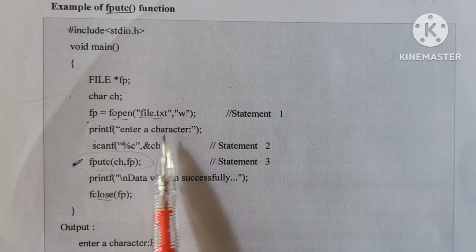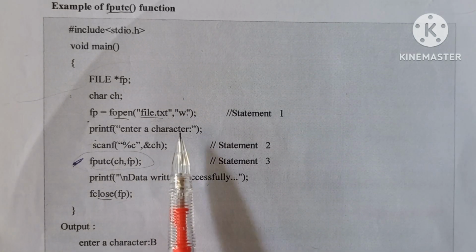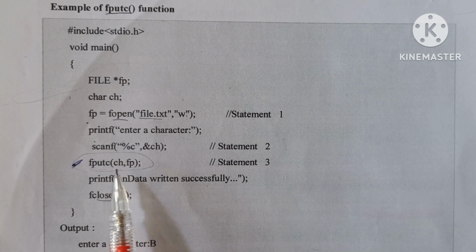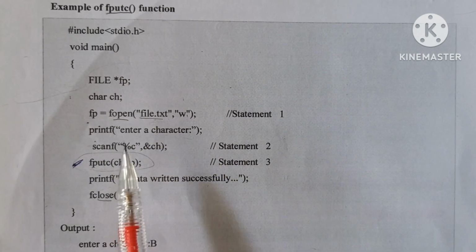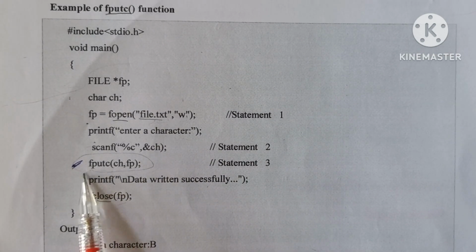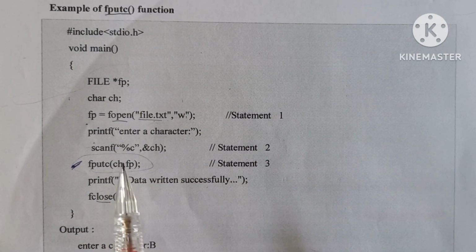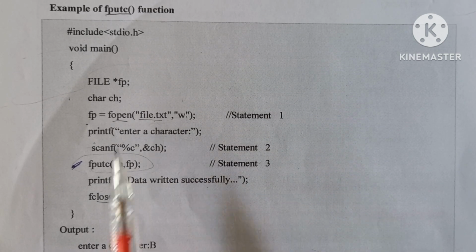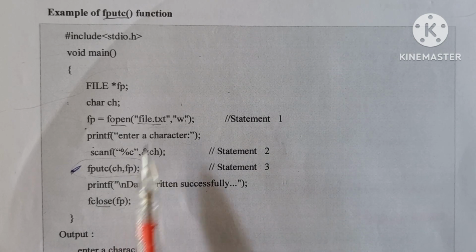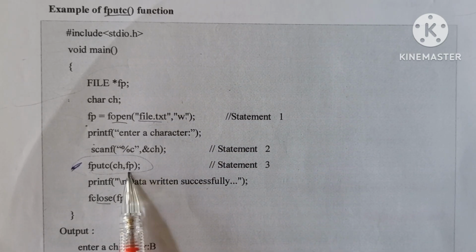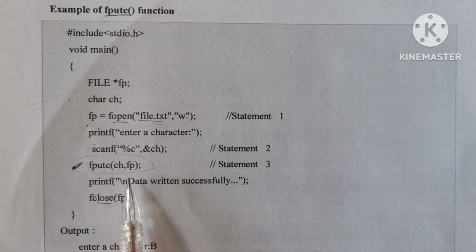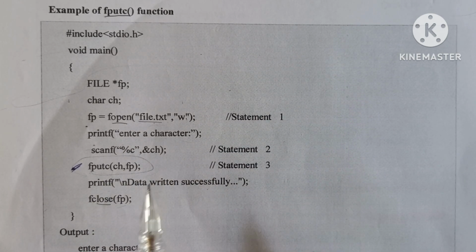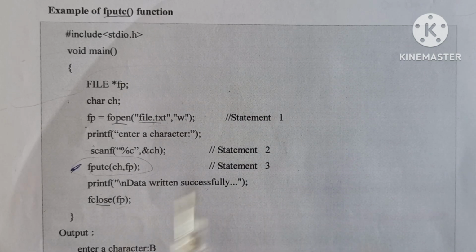After that, input should be taken from the user by using scanf. To enter a single character into the file, we use the fputc function, the fputc method with two arguments: what data we want to store in the file, a single character, and where we have to store the data in the file. After this function executes, the data will be written successfully.